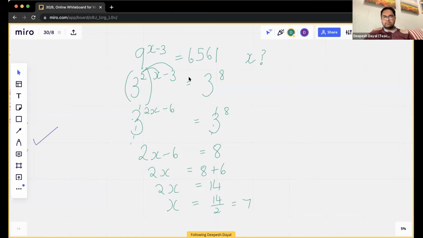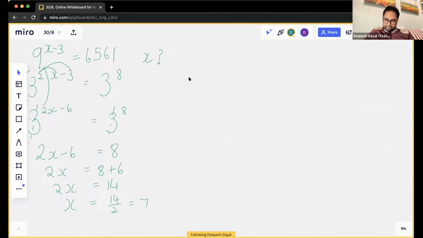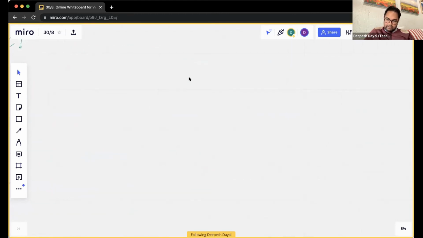So can you explain the whole method? Okay. So what we're going to do is, let me rewrite this question. 9 to the power x minus 3 equals 6561.